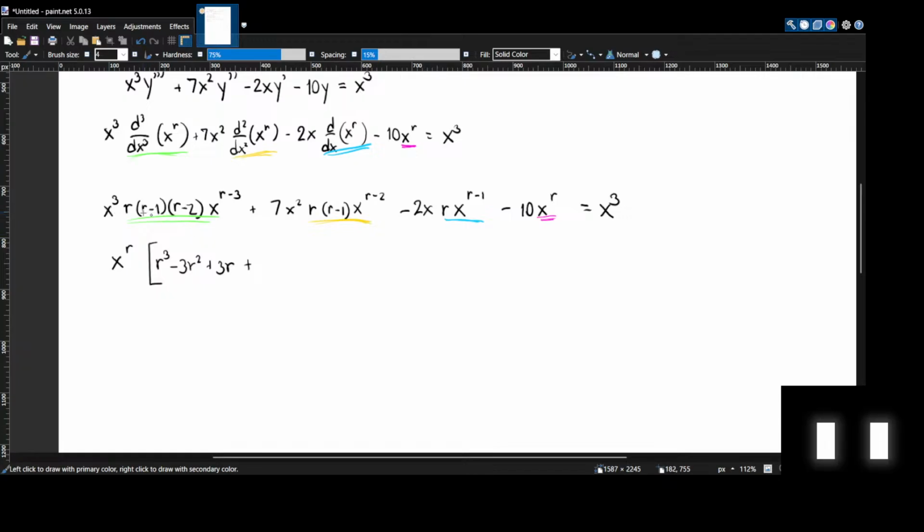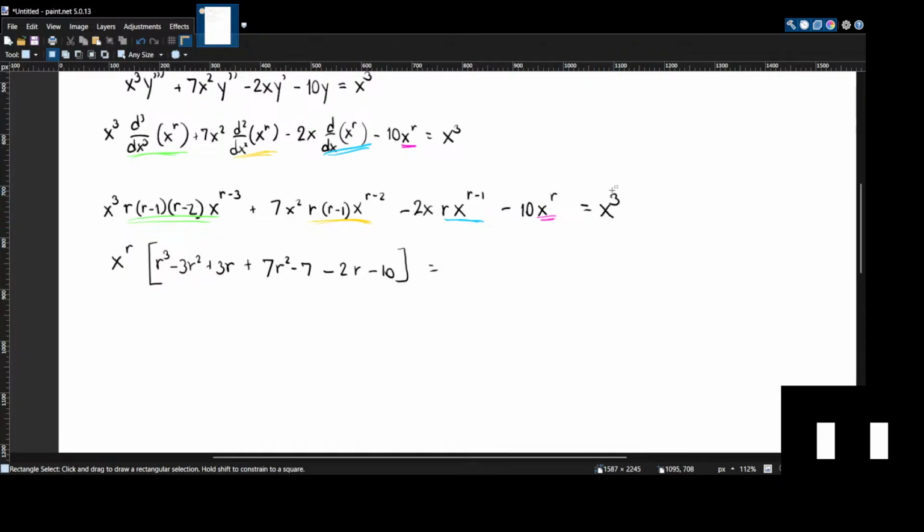Is that right? This one will become r squared minus 3r plus 3, and then you multiply by r. And this one becomes 7, and then r squared minus 7. This one is minus 2r. And this one becomes just minus 10. And it's going to be equal to x to the power of 3, which we won't care about just yet. We're just going to call this guy 0.